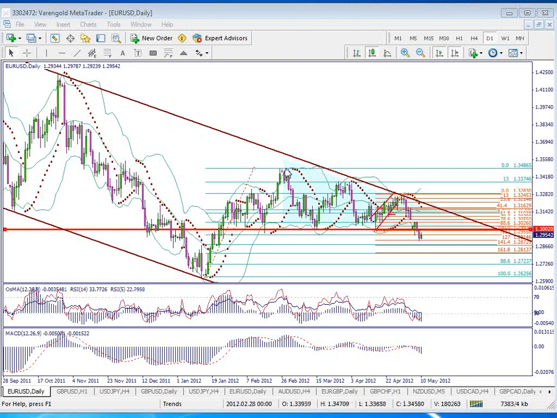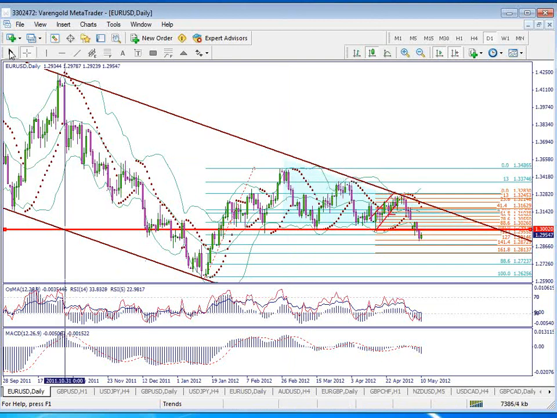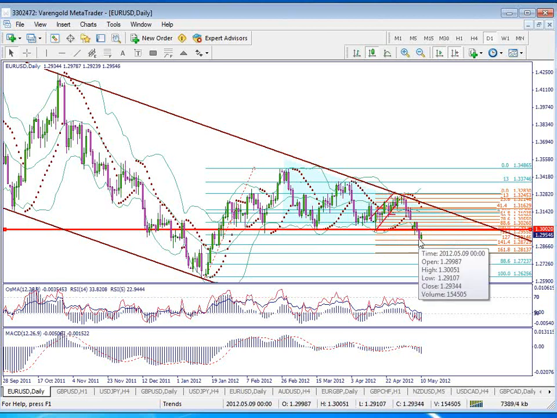As you can see, we have one triangle that started to be formed at the end of February, on 26, 27, and till now the pair just made some swings in between this triangle. Yesterday we can see very clearly that the pair closed under the base of the triangle.